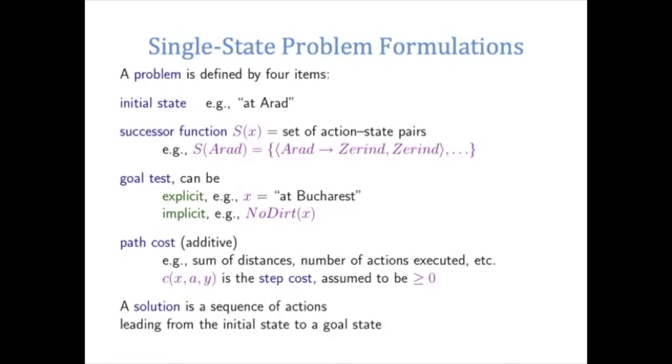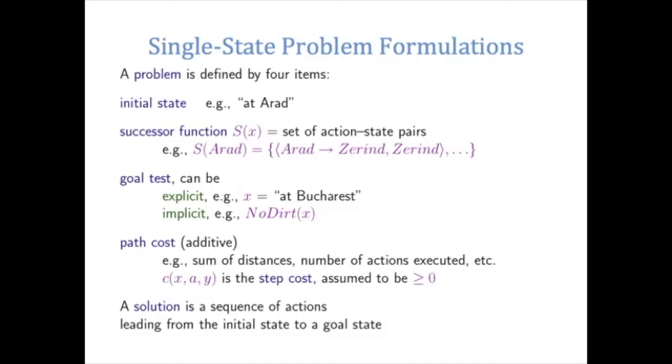There's a successor function, S of x, which gives us a set of action-state pairs. In other words, it shows how you get from state to state via an action. So if our state is Arad, then we have an action Arad to Zerind, and we end up in Zerind, and so forth.